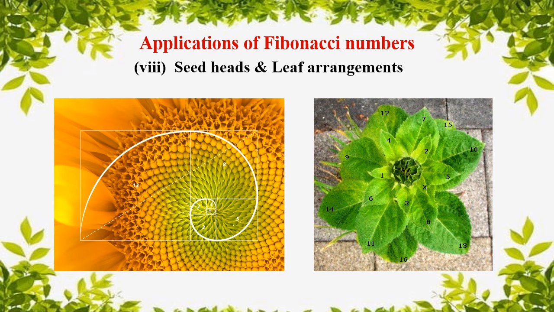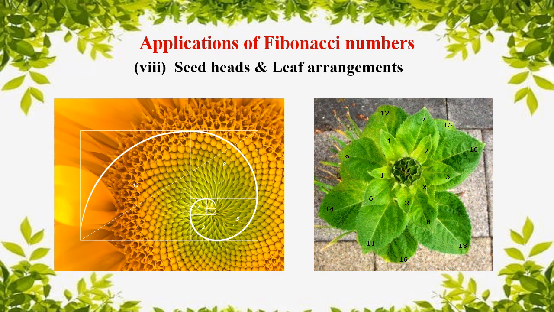Next one, leaf arrangements. The Fibonacci numbers occur when counting both the number of times we go around the stem, going from leaf to leaf, as well as counting the leaves we meet until we encounter a leaf directly above the starting one. If we count in the other direction, we get a different number of turns for the same number of leaves.